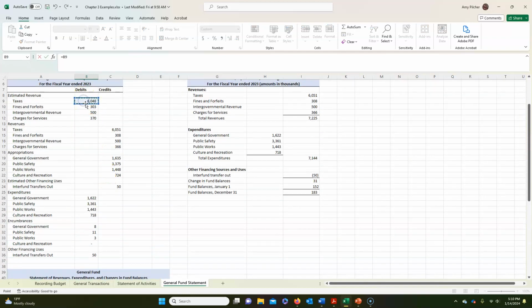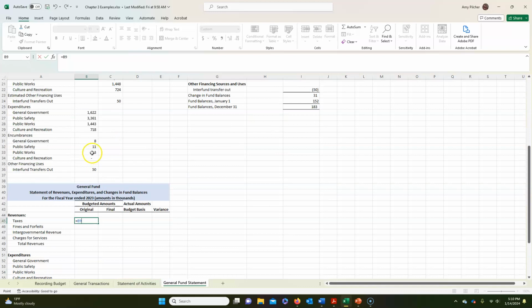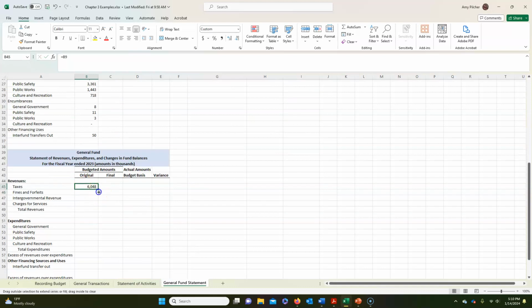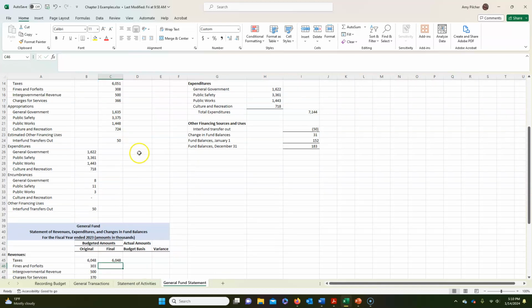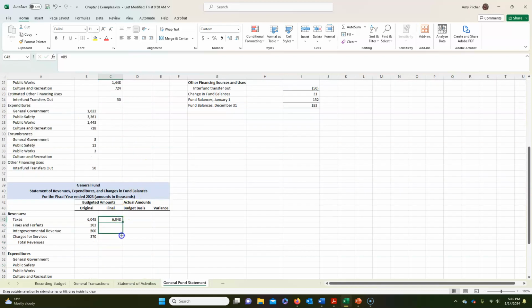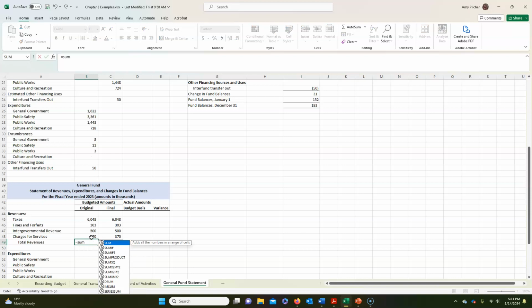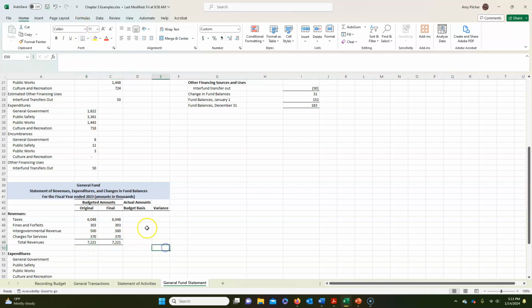So we're going to pull down these budgeted amounts. And of course, the original and the final are exactly the same because that was not amended. But if our budget for some reason had been amended during the year, then the original budget and the final budget would not have the same numbers. So we have that information there.